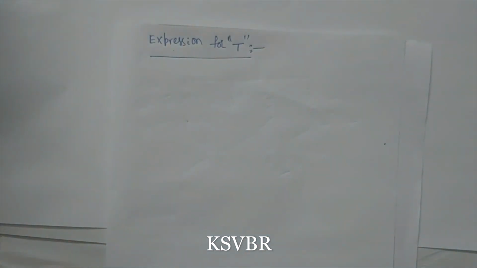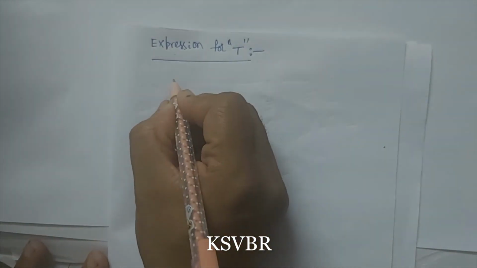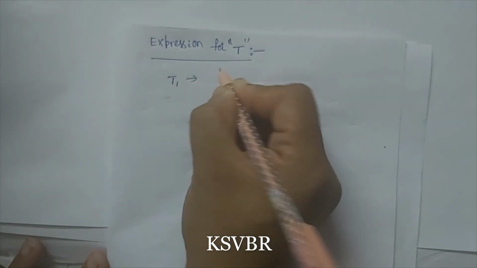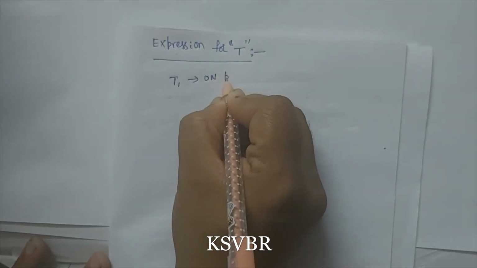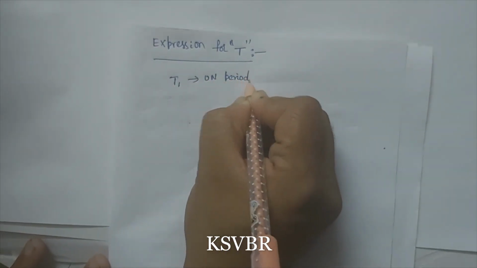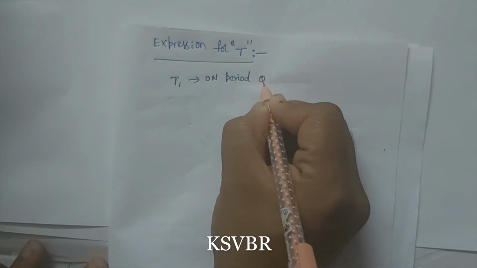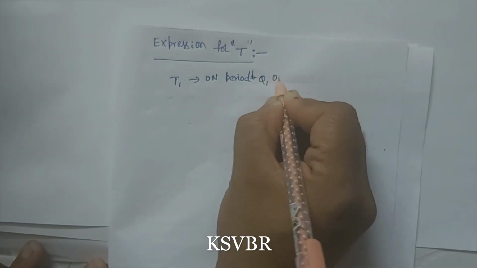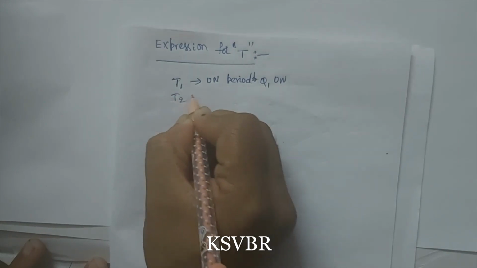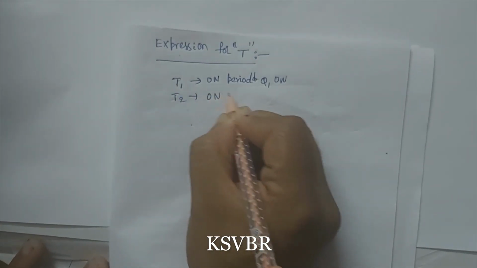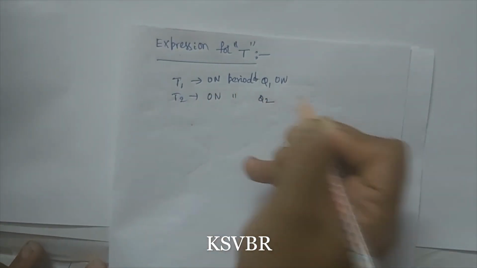That means how much time it will be in on condition and how much time in off condition. So let us assume T1 is the duration in which our Q1 transistor is in on condition and T2 is the on period of Q2.